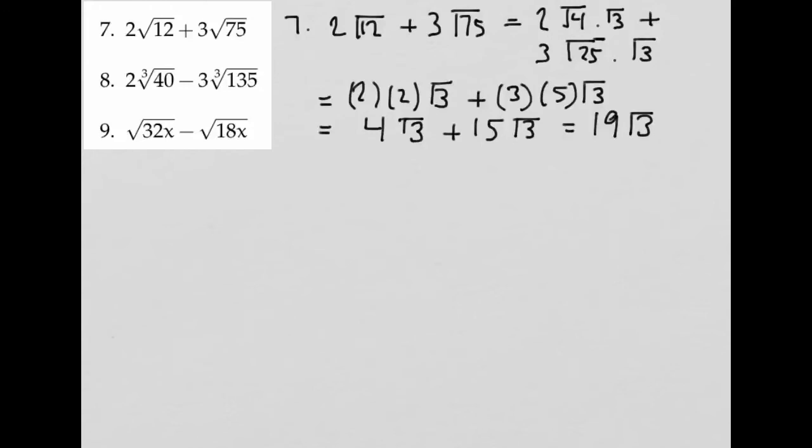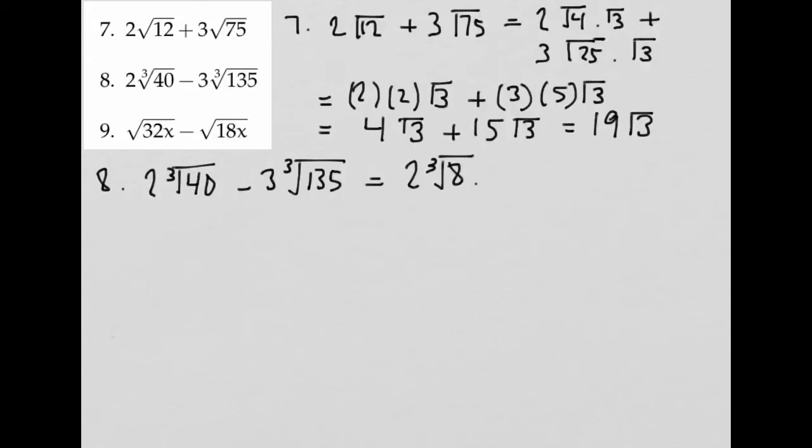Example 8, 2 cube root of 40 minus 3 cube root of 135. That's 2 cube root of 40. I can write it as cube root of 8 times cube root of 5 minus 3 cube root of 135, which I can write as cube root of 27 times the cube root of 5.